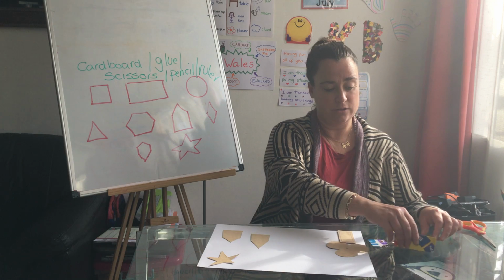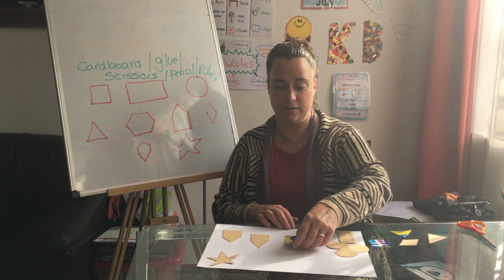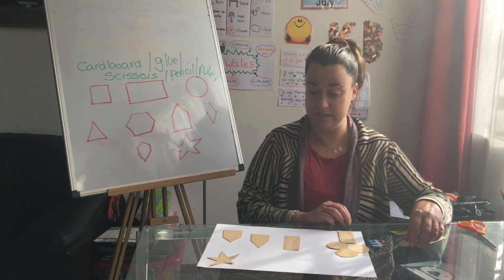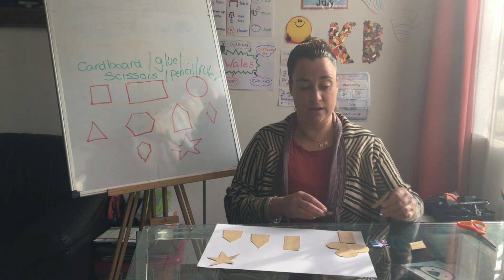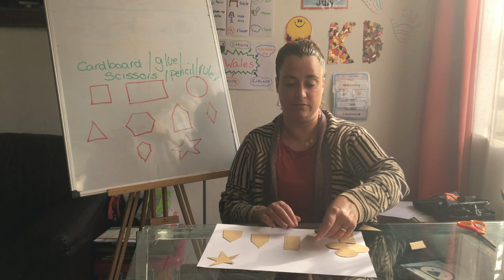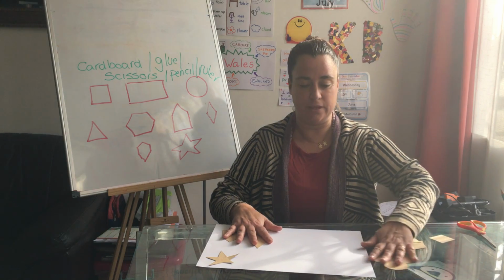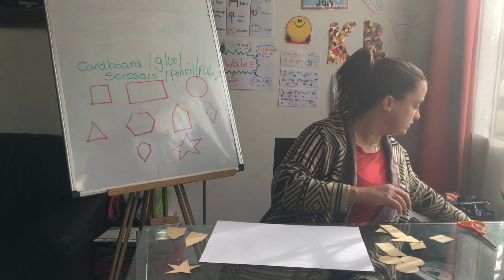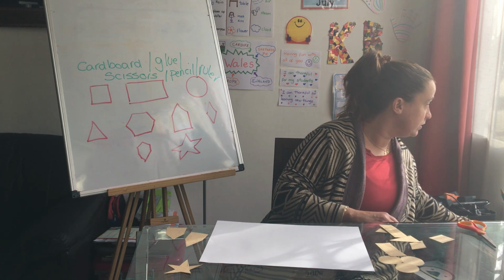Okay. So for example, I am making a kind of city, yeah? And I am making kinds of houses and buildings on mine. So now I'm going to go and stick my 2D shapes.